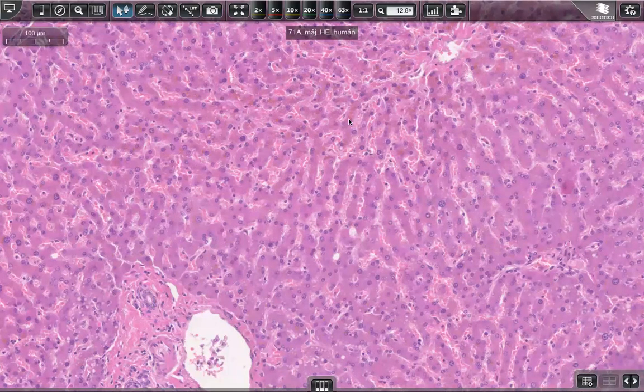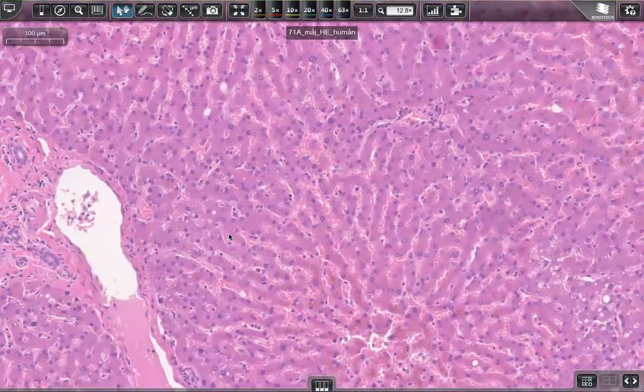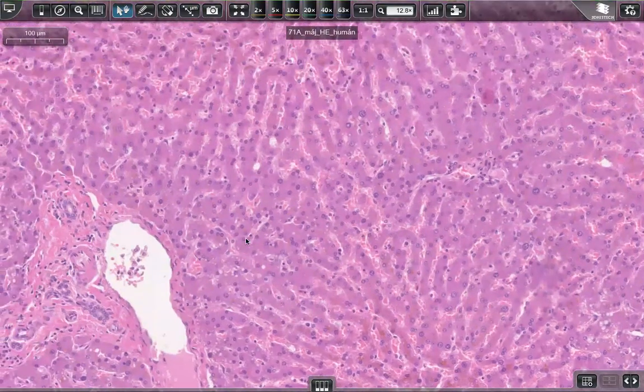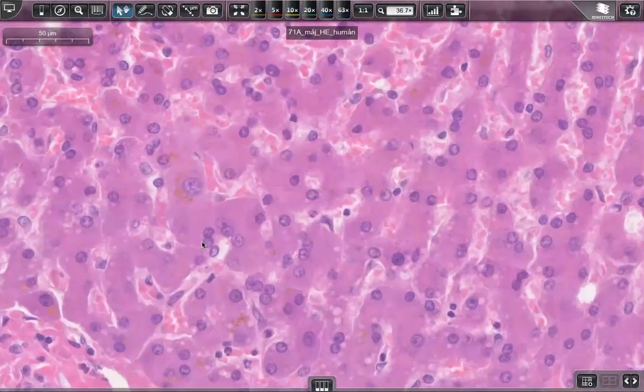At the periphery, closer to the portal triad, we can find sometimes, it's also harder to see, simple cuboidal lining epithelium.